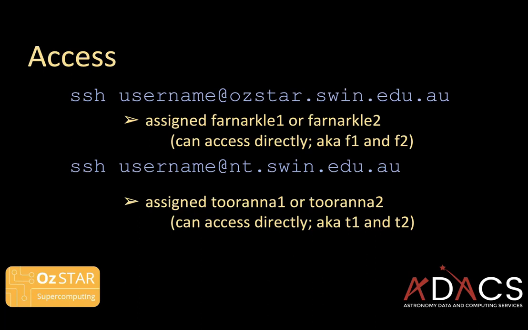You can instead access those directly, so just replace OzSTAR in that command there with either Whānako 1 or Whānako 2, or if you prefer, just use the abbreviations F1 or F2. Similarly for NT, if you go in through there, you'll be onto the Tuarana 1 or Tuarana 2 head nodes, which can also be referenced as T1 or T2 for shorthand.